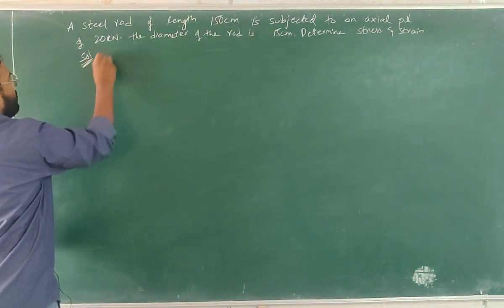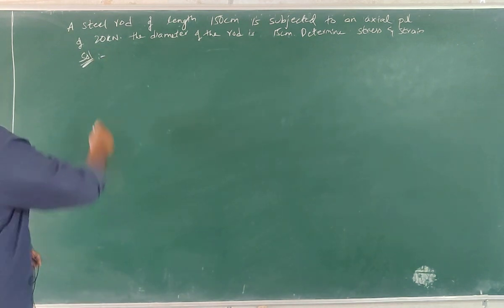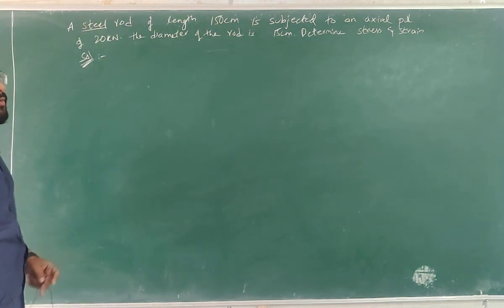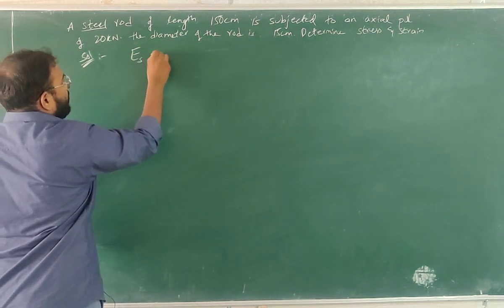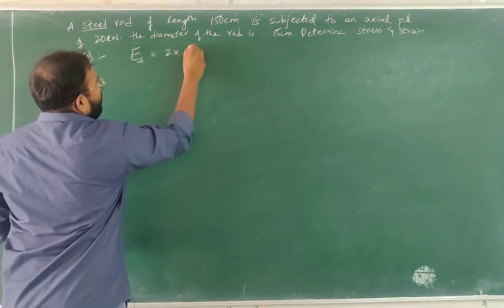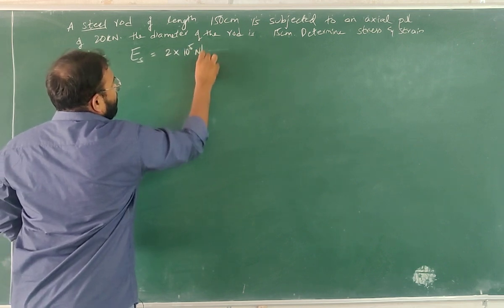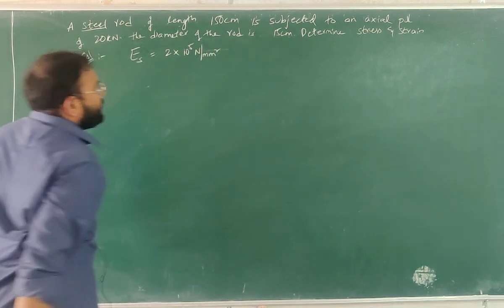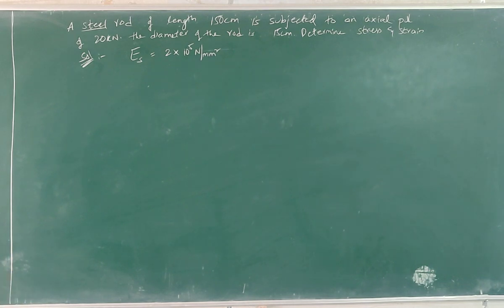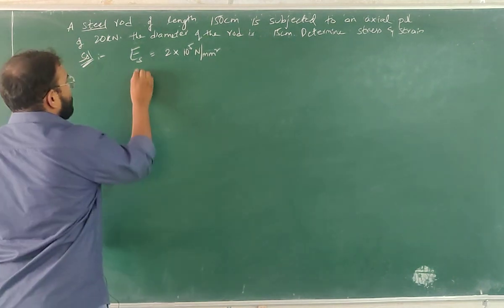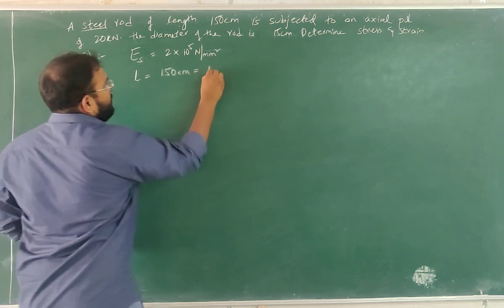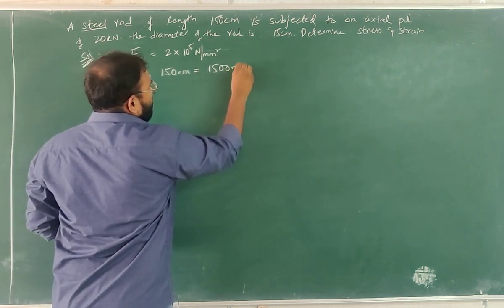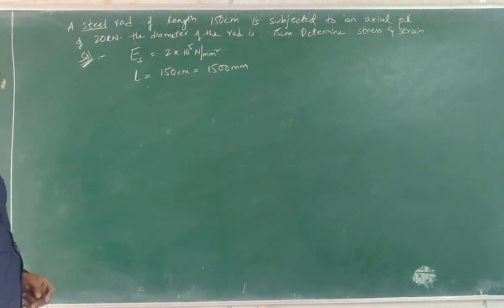So, first of all, you are given a steel rod. Before also I told you, for steel the Young's modulus will generally be 2 into 10 to the power of 5 Newton per millimeter square. Now, what more is given? The length is 150 centimeter, which is equal to 1500 millimeters.